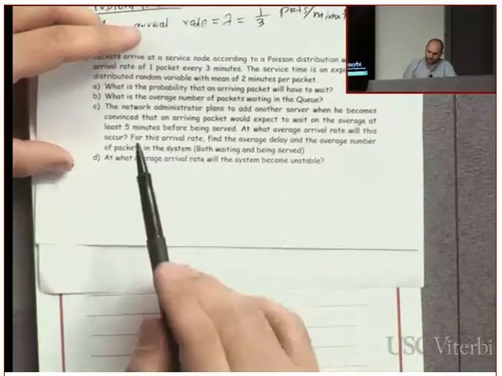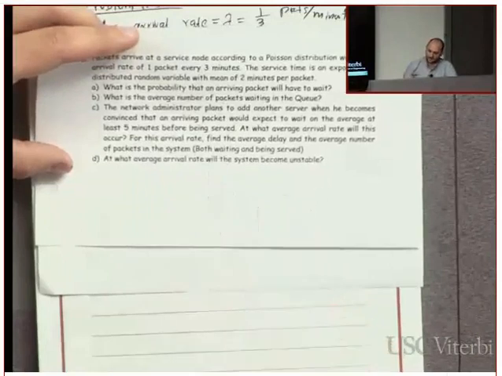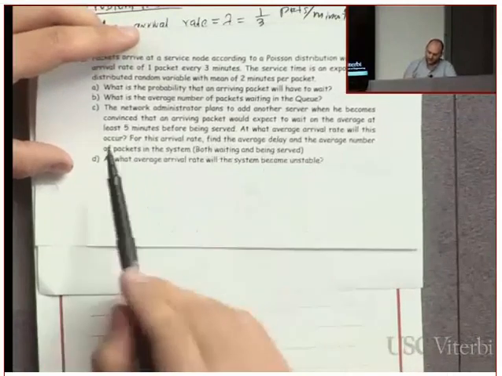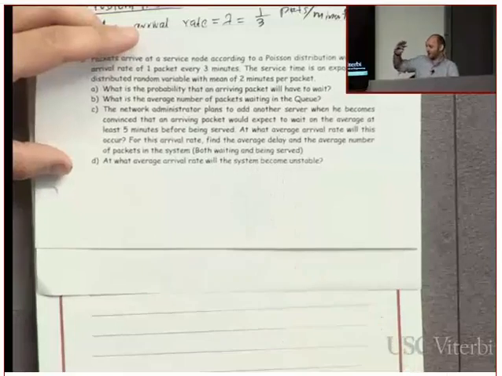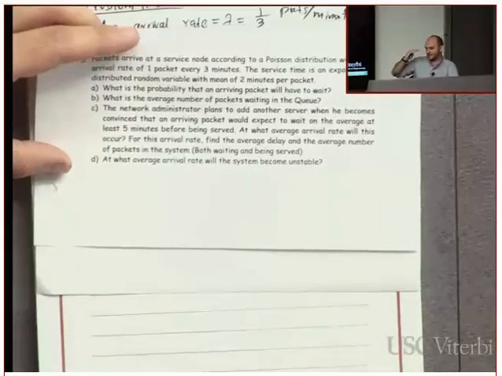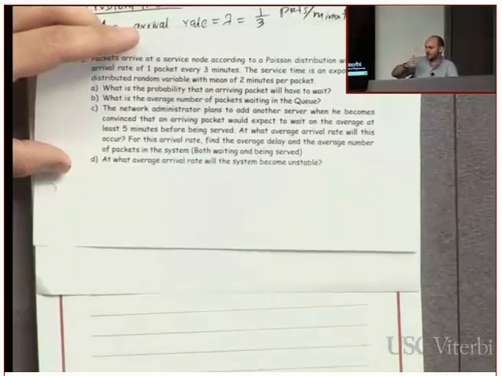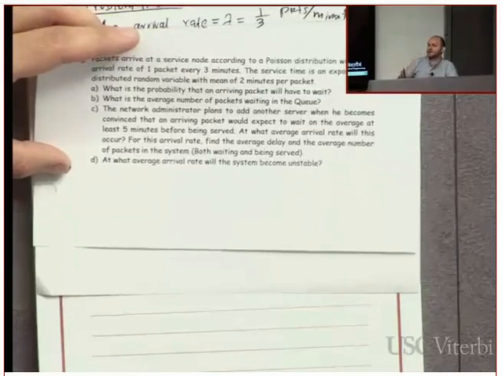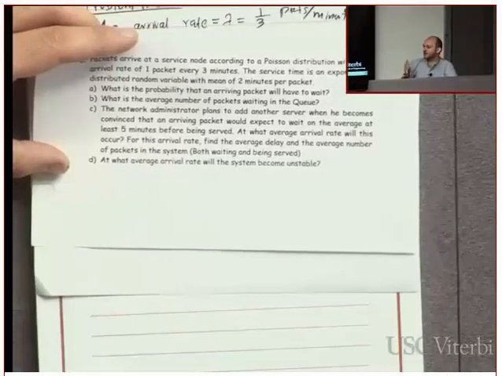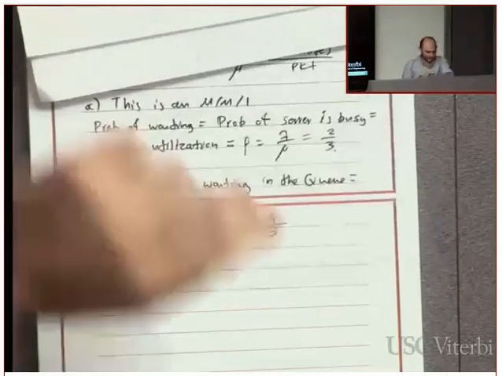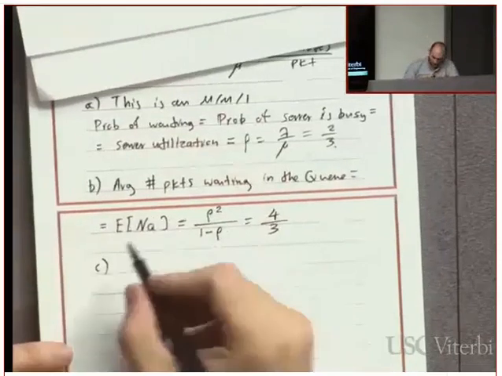So the administrator wants to add another server when, for some lambda, the system is so busy that somebody has to wait for at least 5 minutes. So our question here is, what is this lambda that creates so much traffic in the system such that somebody has to wait for 5 minutes?